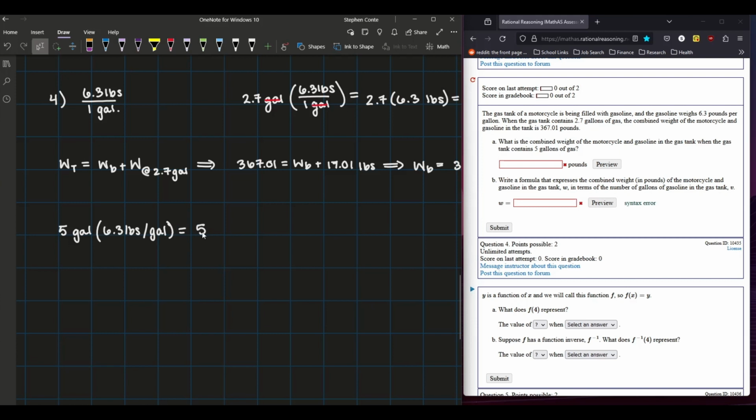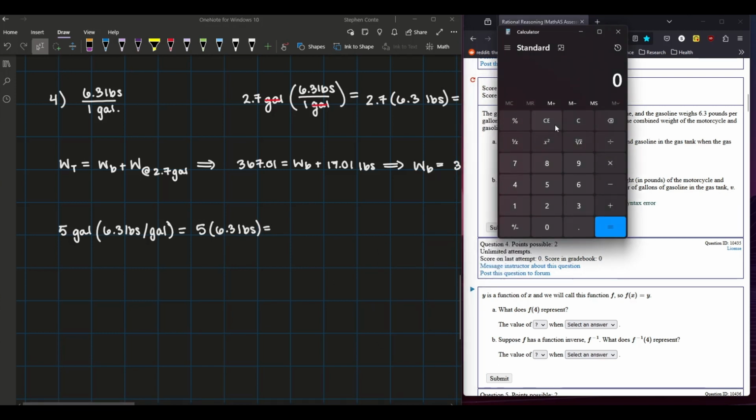And then we just have 5 times 6.3 pounds, which gives us 31.5. 31.5 pounds. This is the weight of the gas when it's 5 gallons.